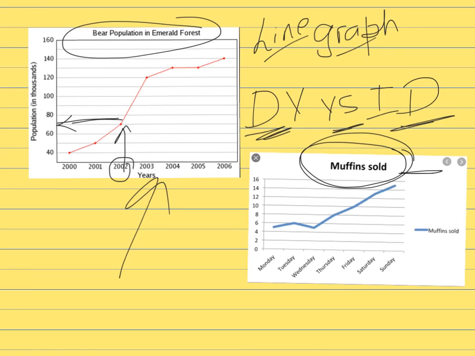And here happens the same. See, the line went up, meaning that the population was increasing. Okay, you can infer, remember that you don't have to be right, you can infer by the behavior of the graph that maybe Emerald Forest was implementing an extinction program.